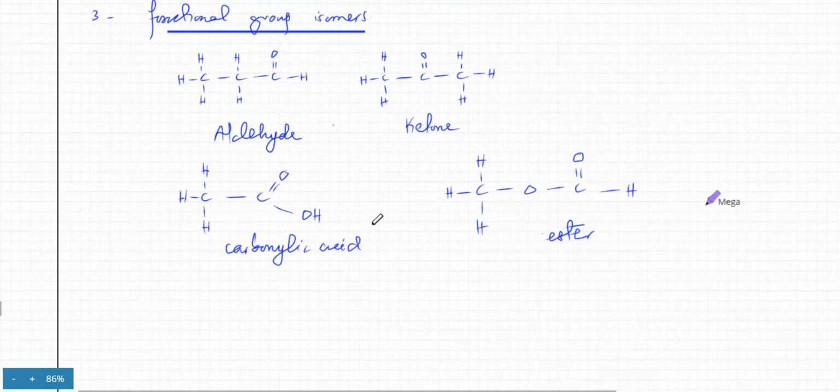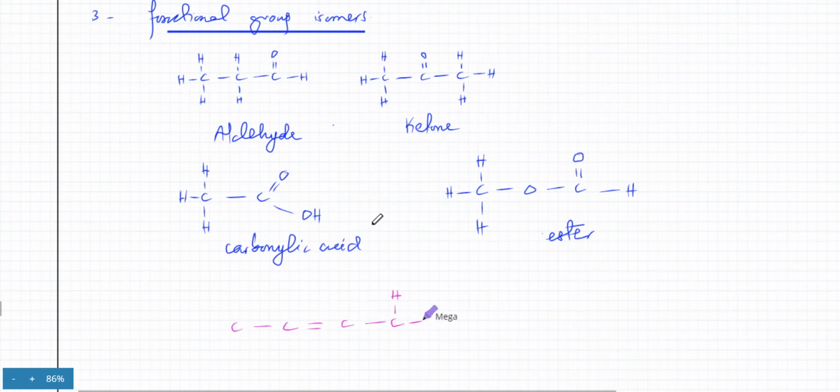Well, that's multiple functional groups, but many functional groups can be isomers of each other. One example is that you have an alkene.